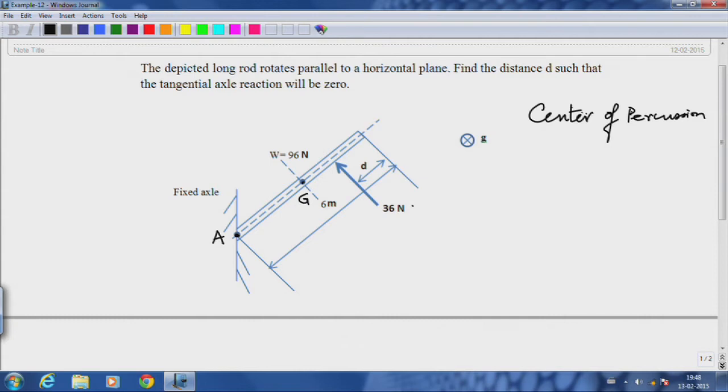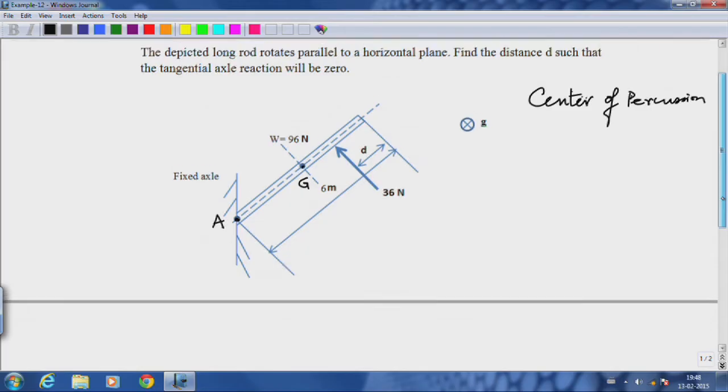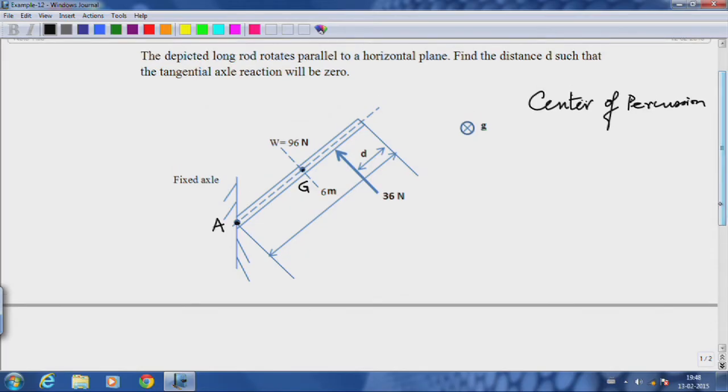Okay, we want to understand the reaction forces felt at A due to the act of this 36 Newton force acting on the rod. So, let us do that, and then we also need to find the distance D such that the tangential axle reaction will be 0. Okay.